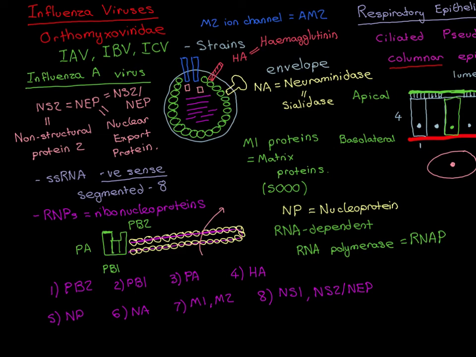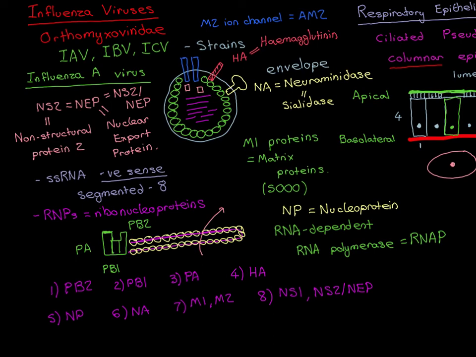And then there is one that is truly a non-structural protein and is not in the virus particles, and that is the NS1 protein. We will talk about the NS1 protein later on. It's involved in stopping host antiviral responses, but we'll discuss that in much more detail later on.